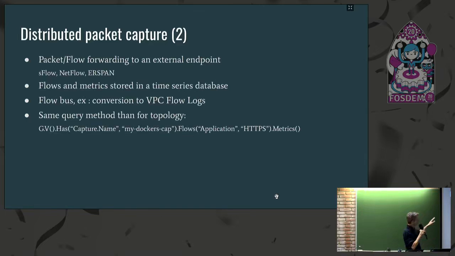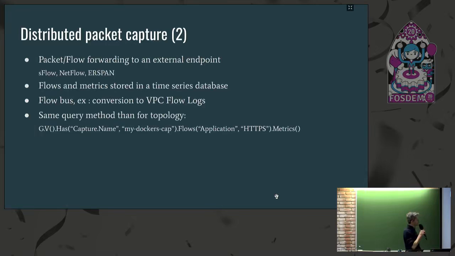So we do support sFlow, NetFlow, and ERSPAN, and you can do this for all the interfaces that you see on the topology. So meaning if you want to export the flows that you capture on an interface within a container, that's possible. All the flows and the metrics are stored in a time series database.